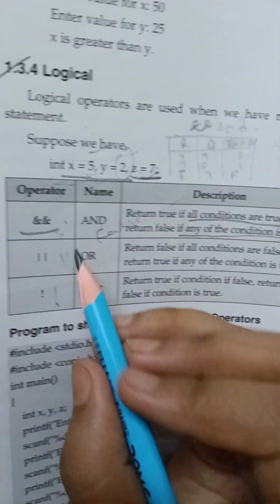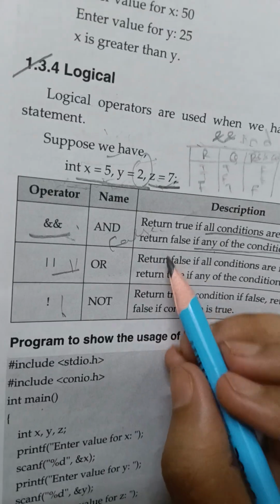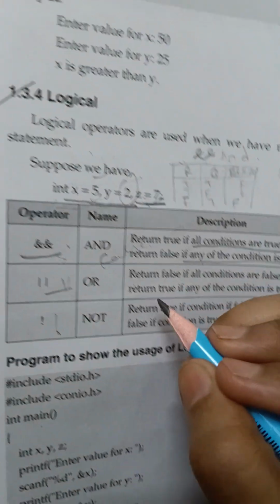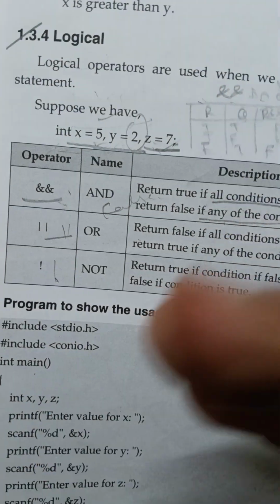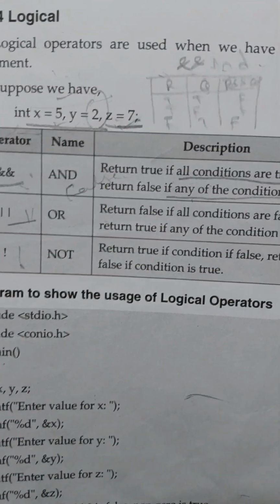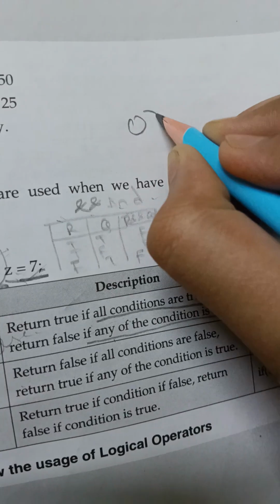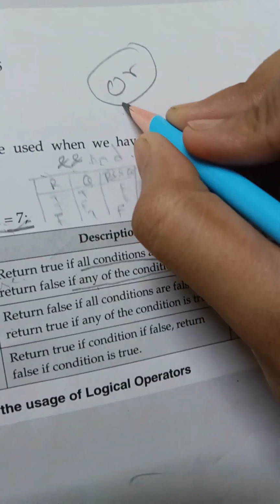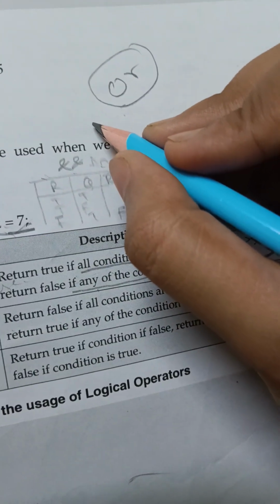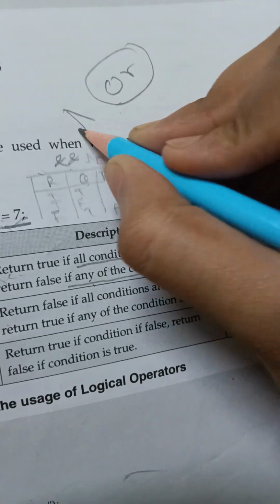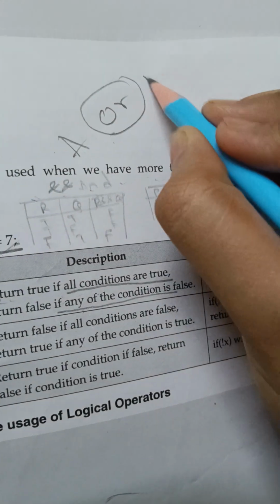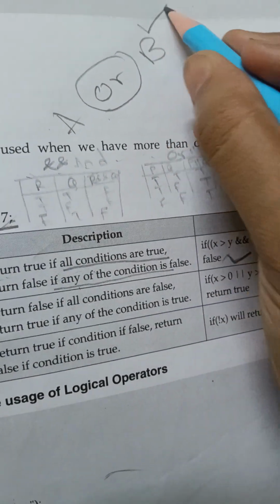All right, false. Then or. In or, what it is asking is that either all conditions are true, or it is using or. What is the meaning of or? It is giving us the options, like if this A is not correct, just see B. If it is correct, write this.